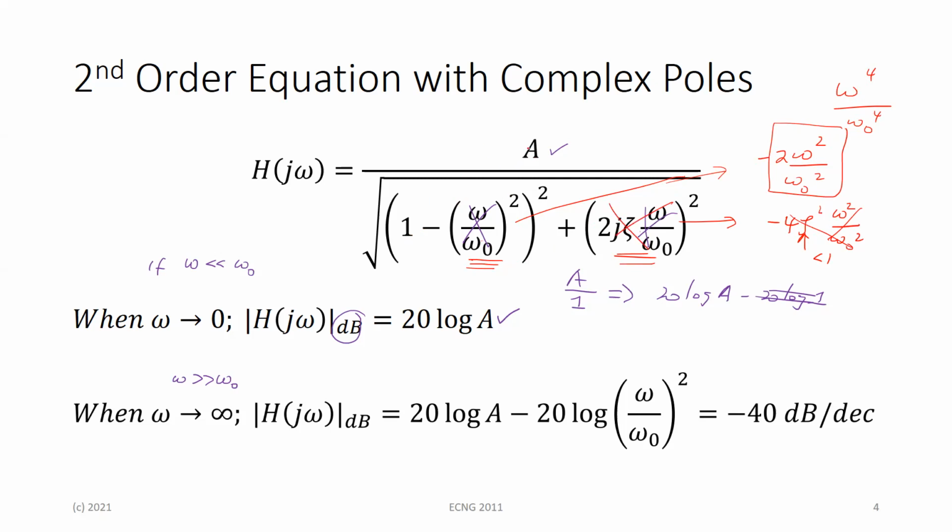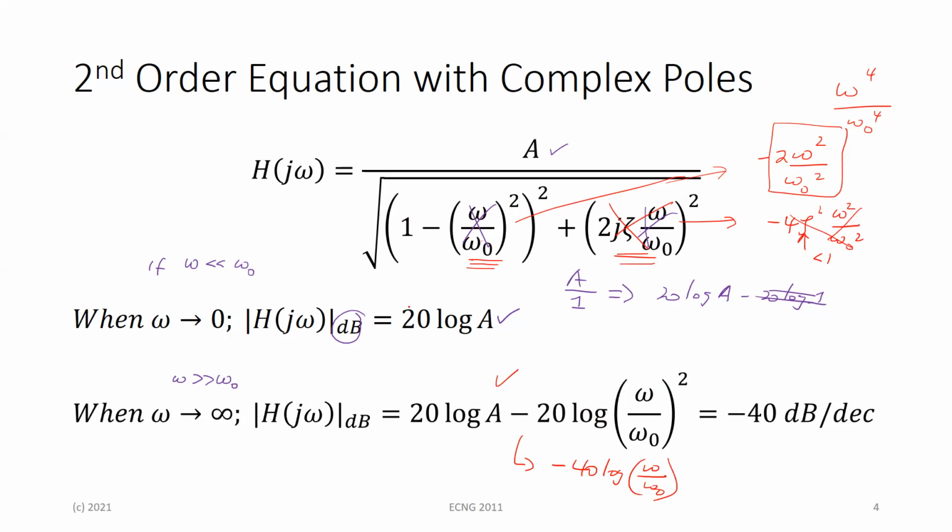You're going to be left with A over 1 minus omega squared over omega naught squared when you take the square root. And you convert it to decibels, we get 20 log A, and you have minus 40 log omega over omega naught.